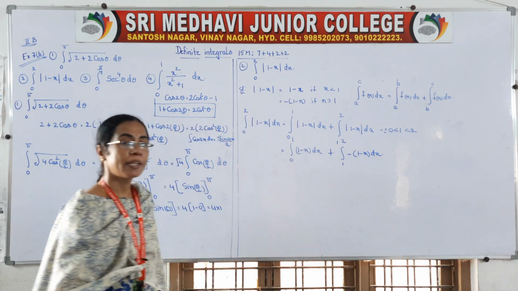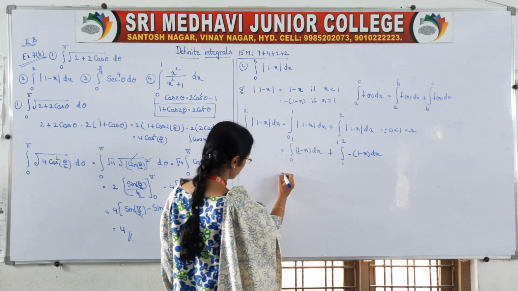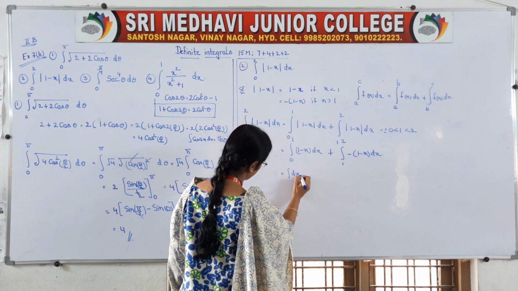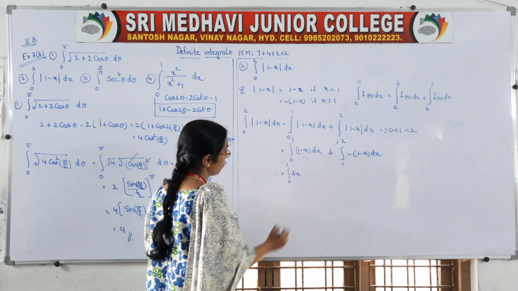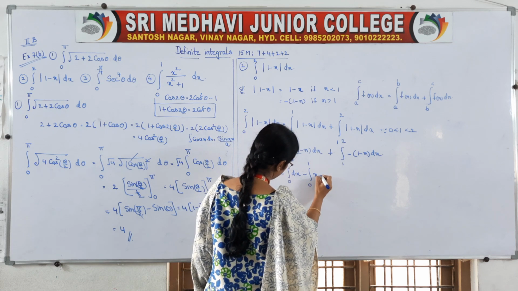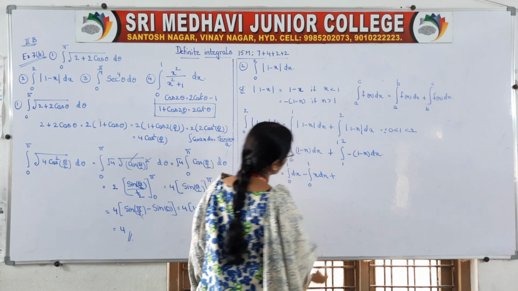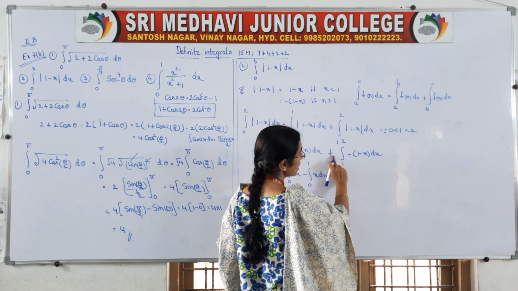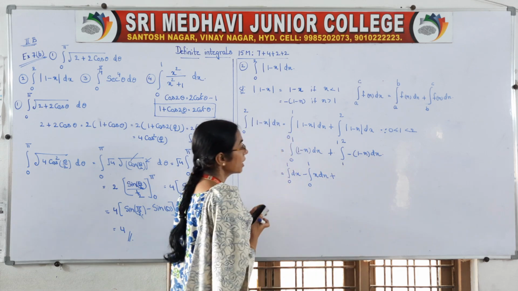Now onwards, you have to take normal integrals. Come on, 1 into dx is integral dx from 0 to 1, minus integral 0 to 1 x dx. Okay, plus, and see here plus is there, but it is plus of minus 1 into dx.